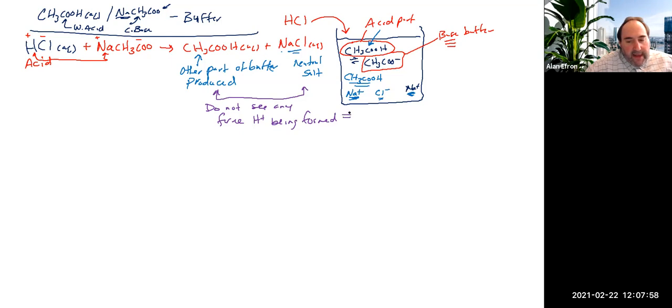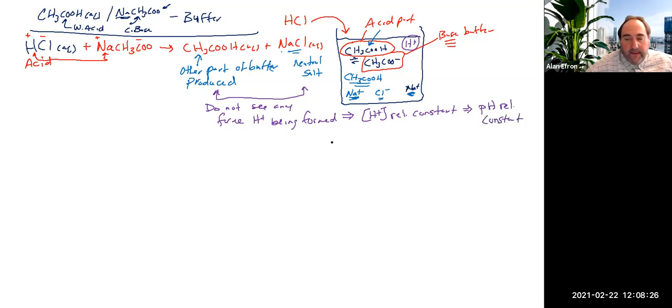Well, if we didn't form any more free H plus, that means the concentration of H plus has remained relatively constant. There is some H plus just from the original acetic acid that was in there, and the H plus remains relatively constant. That means the pH will also remain relatively constant.